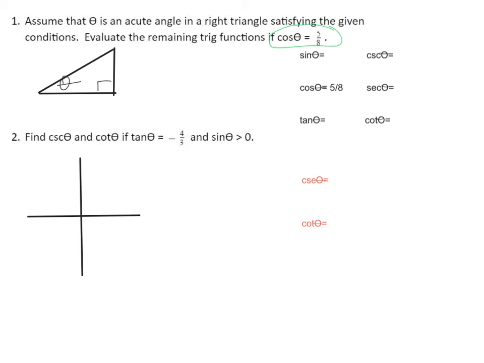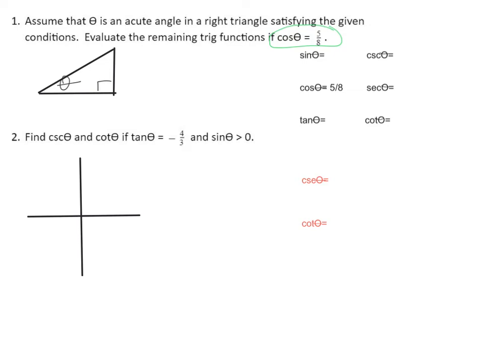So you can see that I've already drawn a right triangle here. You should do the same. I picked one of the corners to label theta. Doesn't matter which one you do as long as it's not the 90 degrees, since it has to be an acute angle. And then I'm going to use this fact, cosine of theta is 5 over 8, in order to label a couple of the side lengths.